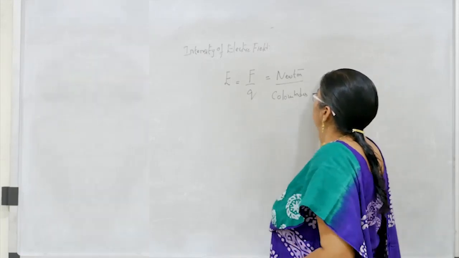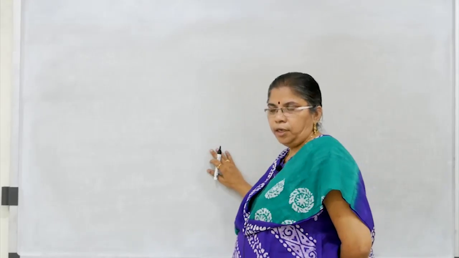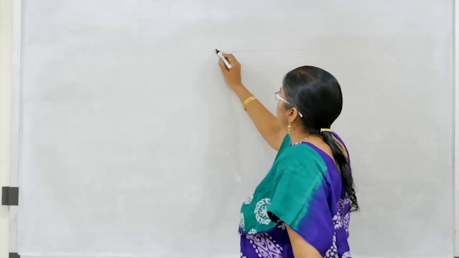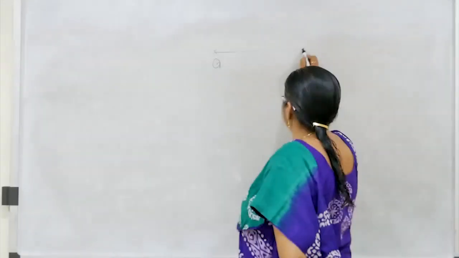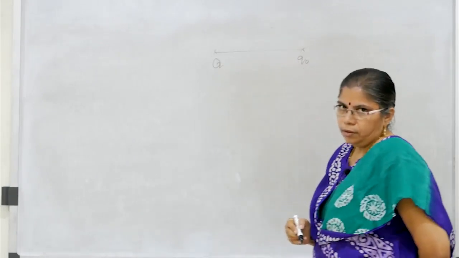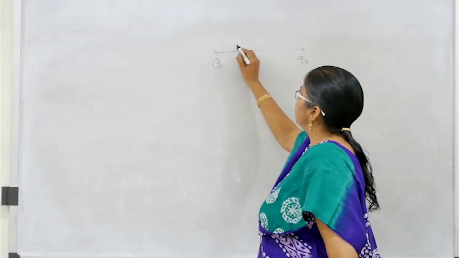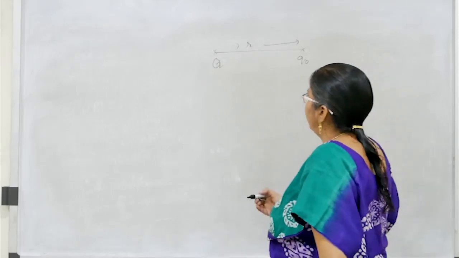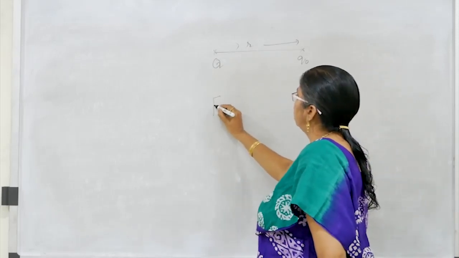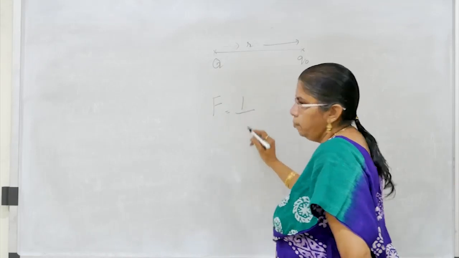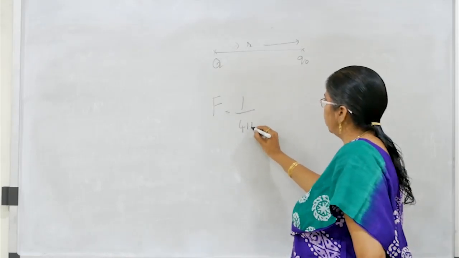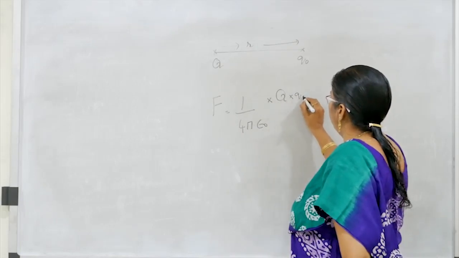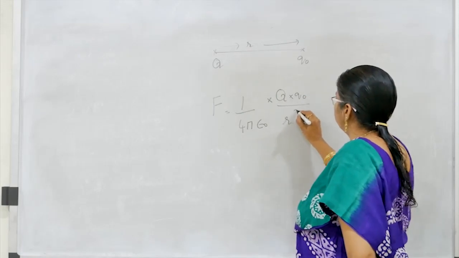Now I have a derivation for the intensity of electric field. So I take two charges Q and Q naught. If R is the distance of separation between them, then according to Coulomb's law, you can write this formula as 1 by 4 pi epsilon 0 Q into Q naught by R square.